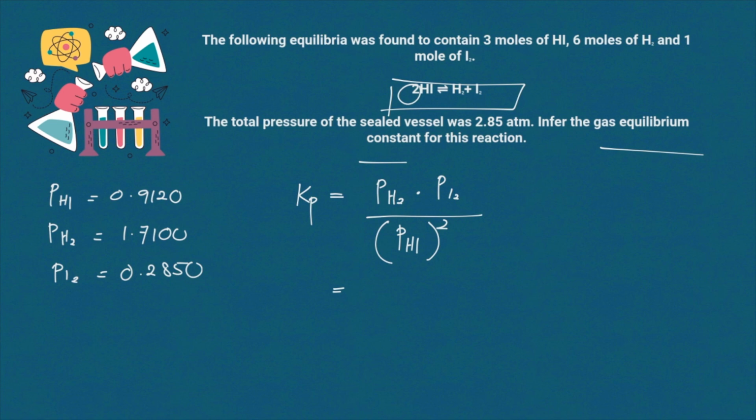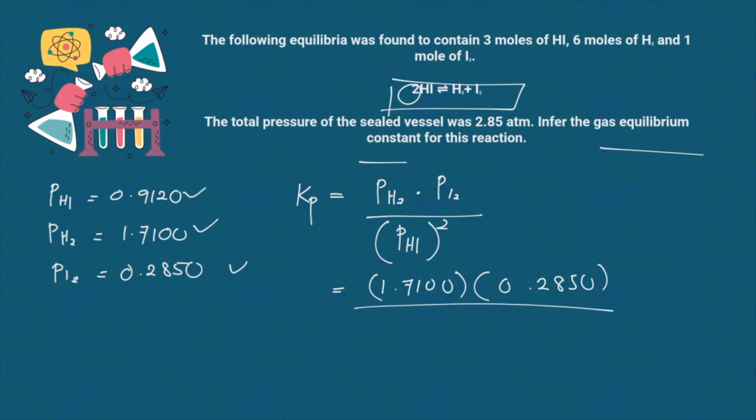The partial pressure for H2 is 1.7100. The partial pressure for I2 is 0.2850, and for HI it is 0.9120, which you need to square.